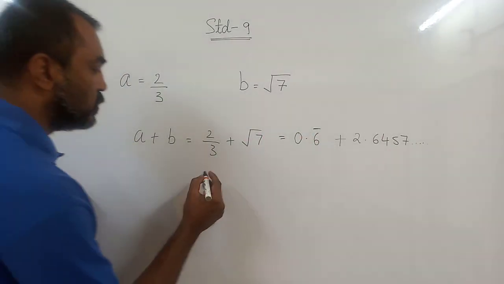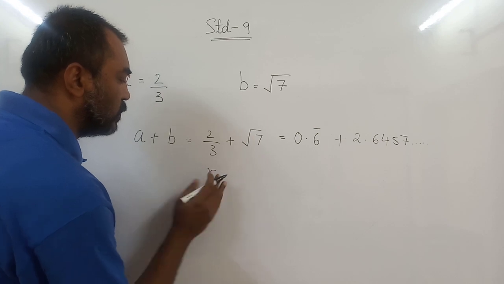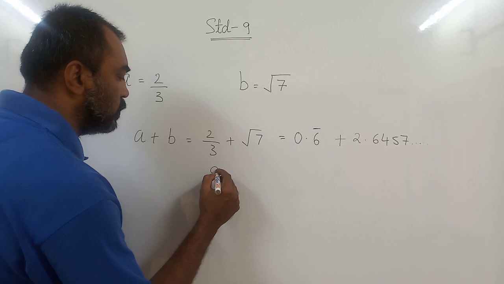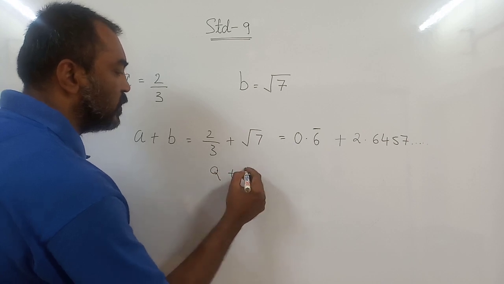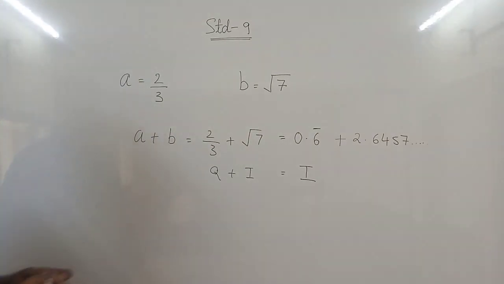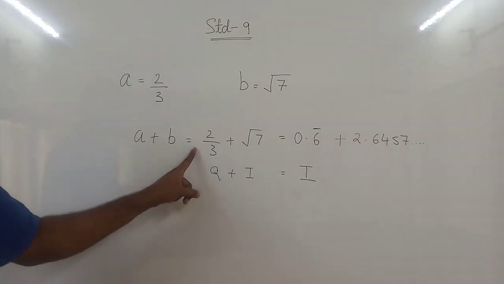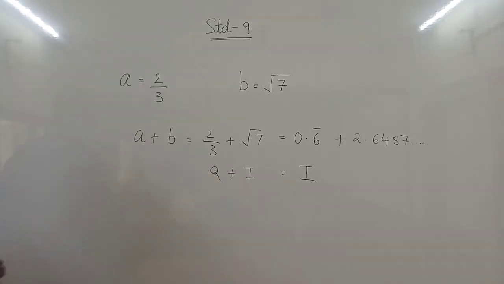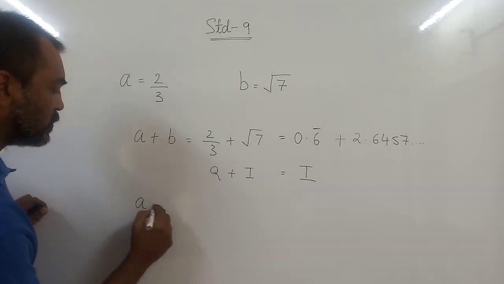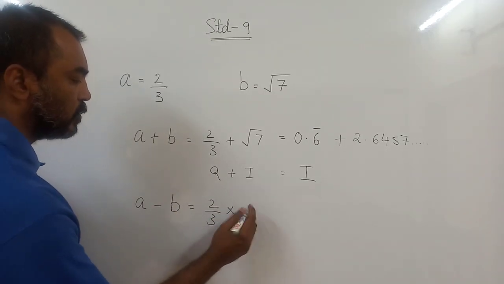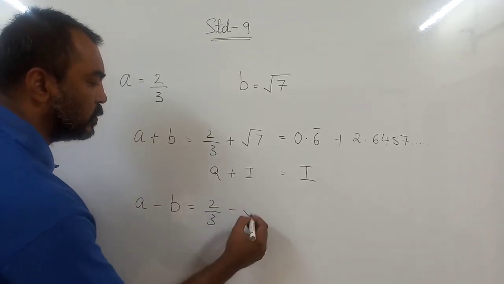So on addition of a rational number with an irrational number, the answer I got is irrational. So on adding a rational number and an irrational number, I always get an irrational number. Same way, if I subtract, 2 by 3 minus root 7.